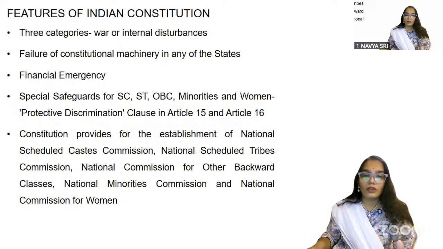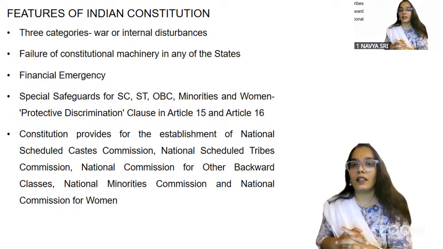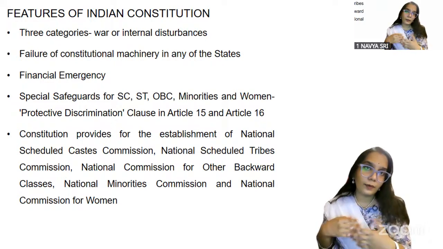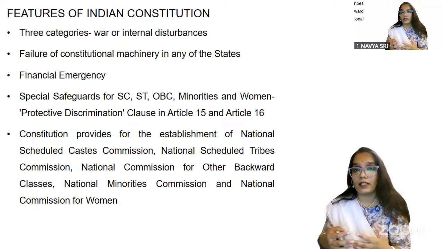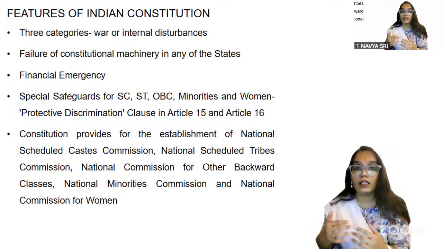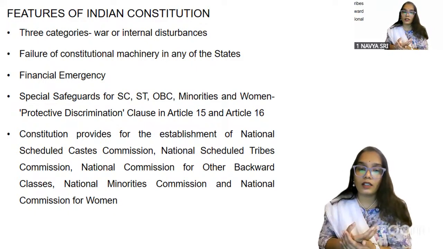Now, the Constitution also provides these safeguards. As mentioned in the Constitution, the rights of minorities, OBCs, SCs, STs and women have been protected. It also called for certain commissions to be established to look after such issues. What are these commissions?